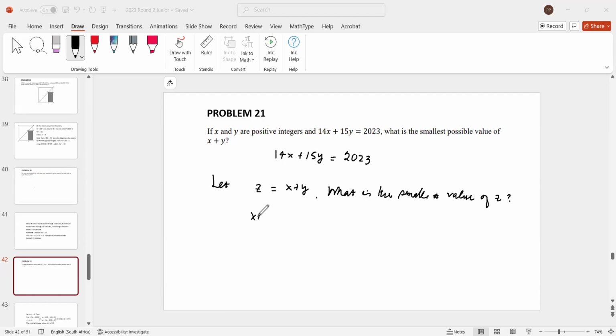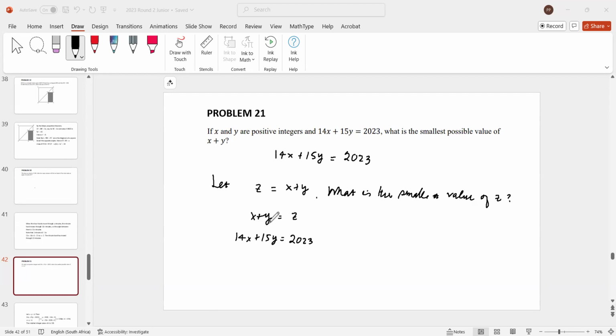So if I put x plus y equals z, and I've got 14x plus 15y is equal to 2023, then I've got two equations and two unknowns, but I've got a z here also. So I can solve for each one of these, but it'll be in terms of z. And how do I do that?